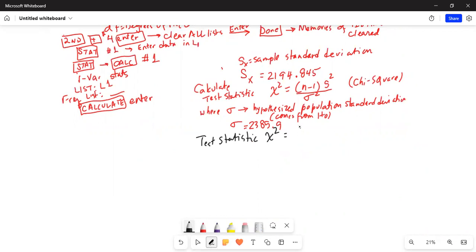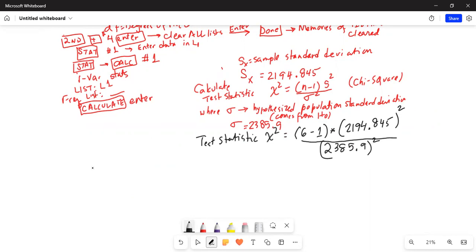So n minus 1 is 6 minus 1, multiplied by Sx, as I told you, 2194.845, and sigma is 2385.9, that is the hypothesized value from the null hypothesis, and both of these are squared. Okay.